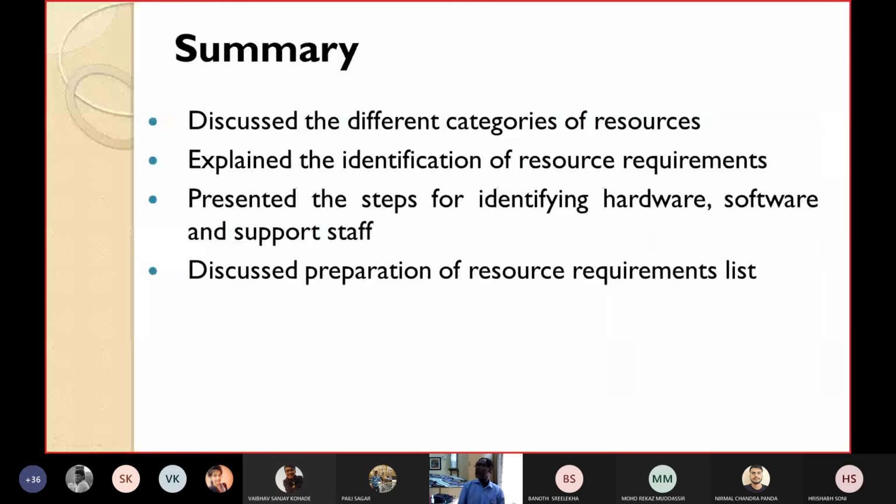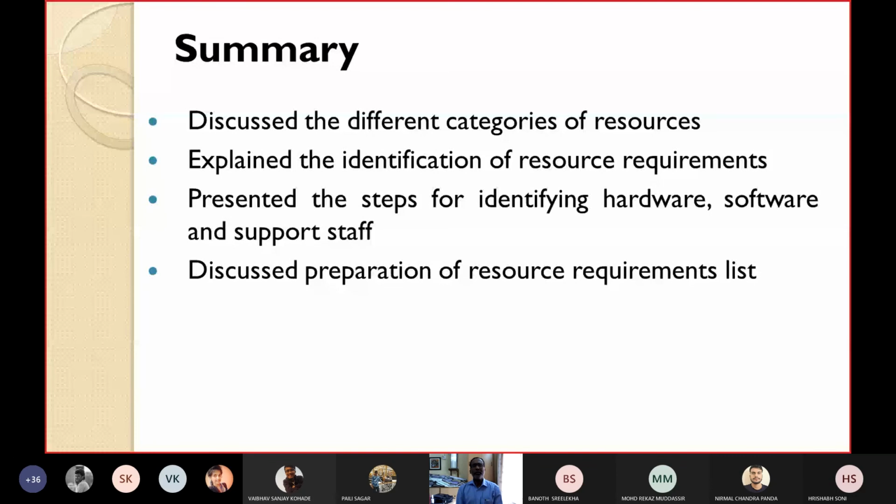Today I have discussed the different categories of resources: manpower or labor, equipment, service, time, money.